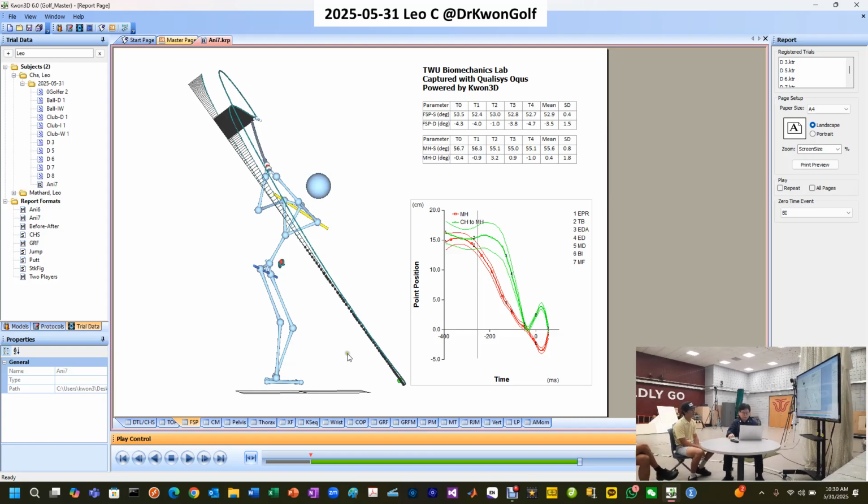Okay, so the swing plane is currently almost 5 degrees steeper than what's typical for your body height. Okay? And then usually the hand motion plane and the swing plane, in terms of slope, have about a 9 to 10 degree difference.